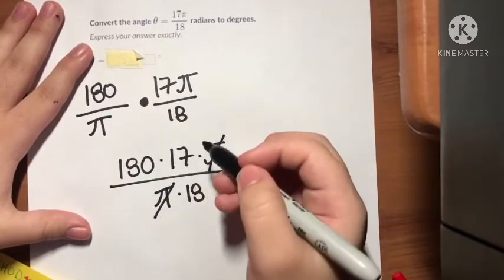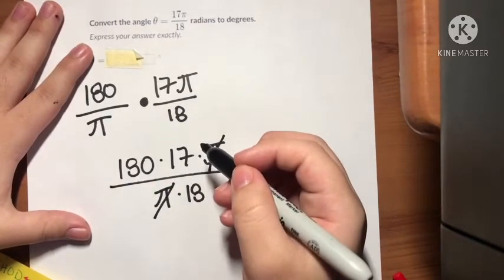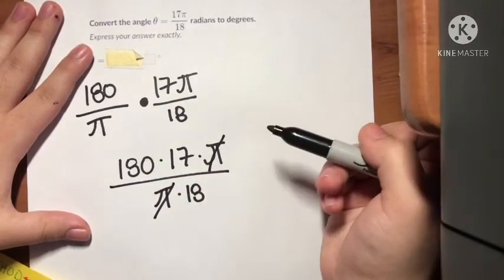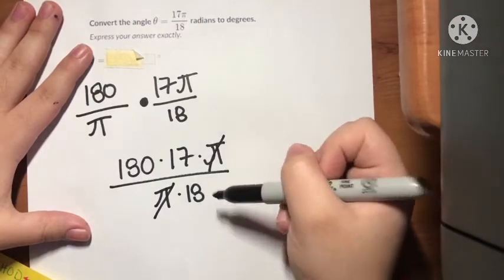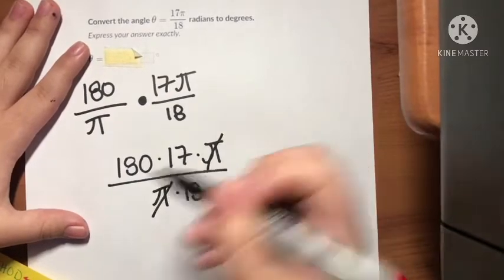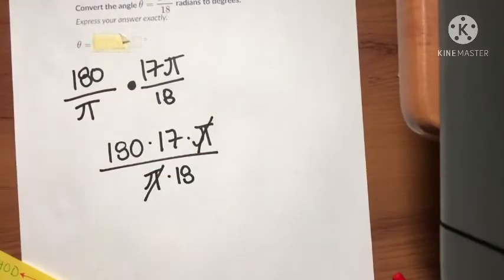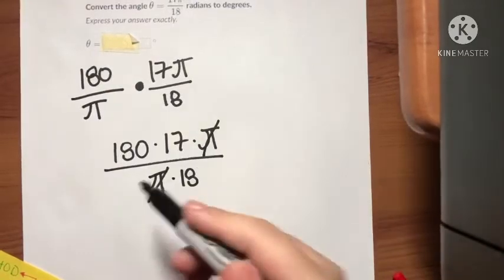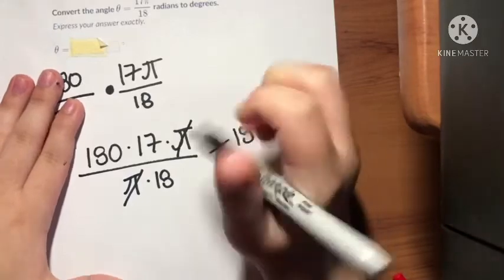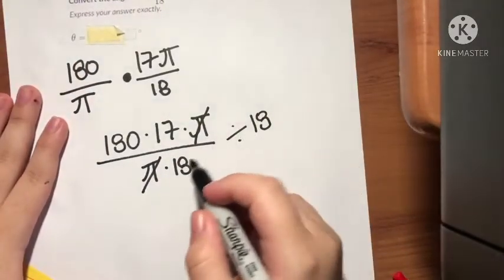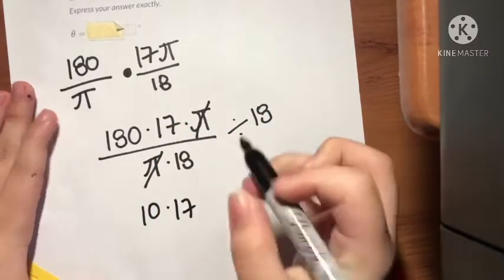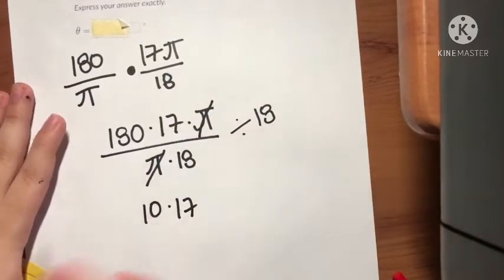Now, in order to simplify, we have to divide a number from the top and a number from the bottom by the same number. 17 and 18 don't share a number in common, but 18 and 180 do, and that number is 18. 180 can be divided by 18, and 18 can be divided by 18. 180 divided by 18 is 10 times 17, and 18 divided by 18 is 1, so we don't write it.